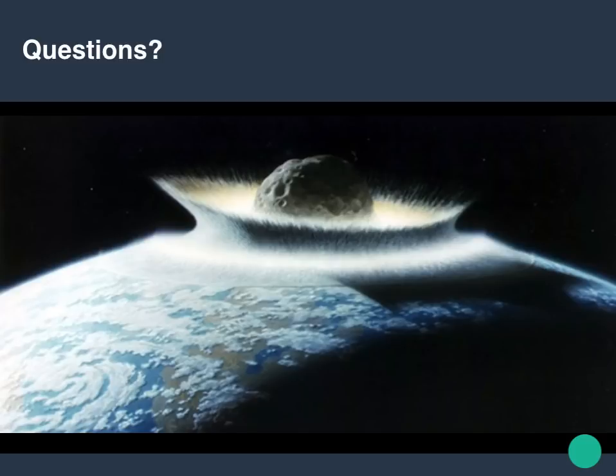There is a mission coming up that I'm doing modeling for where they're not deflecting next to it, they're just ramming a satellite into an asteroid because they felt like doing that.